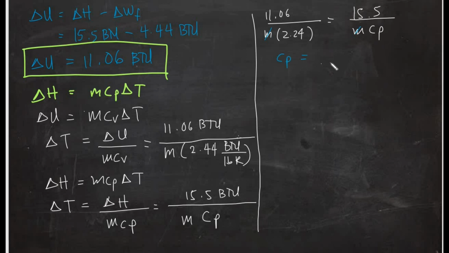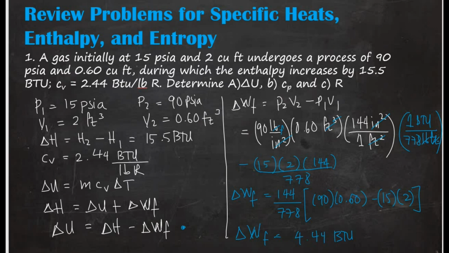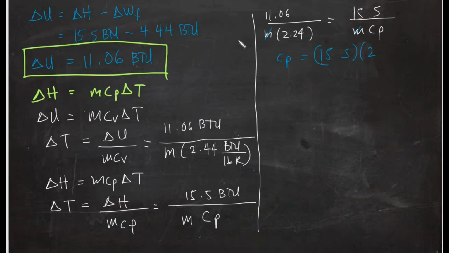So C sub P is simply equal to 15.5 times 2.44. Let me just check from the previous slide if it's 2.44. Okay, so this is 15.5 times 2.44, divided by 11.06.